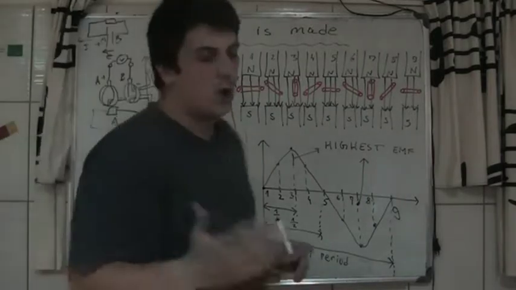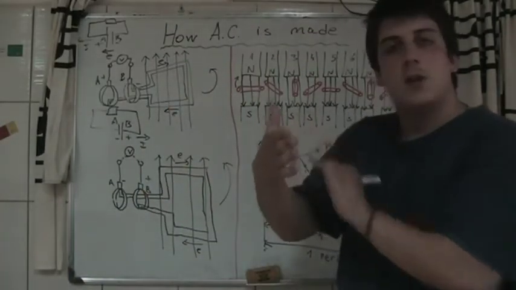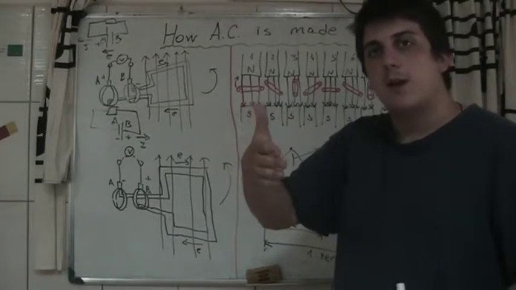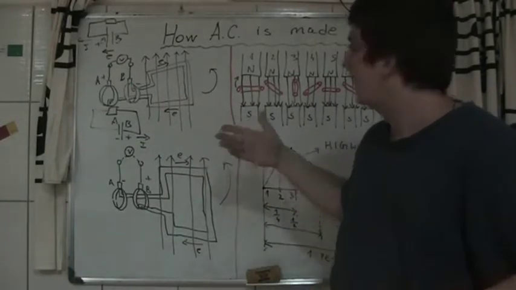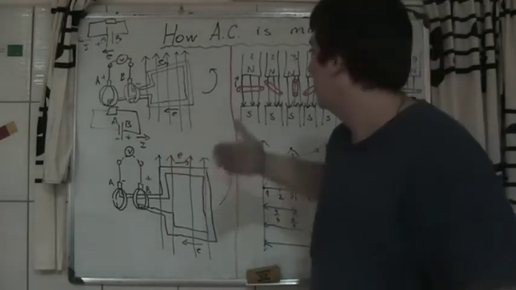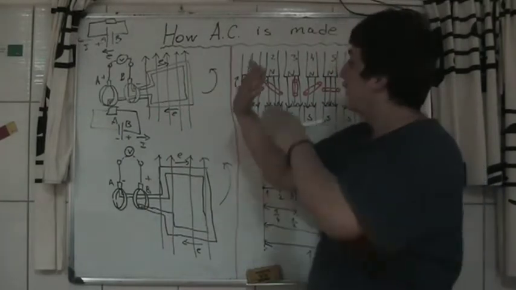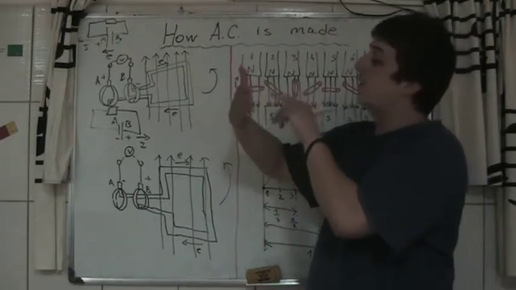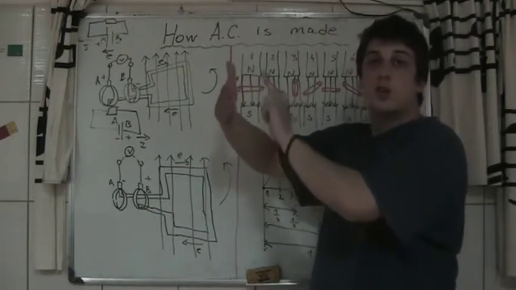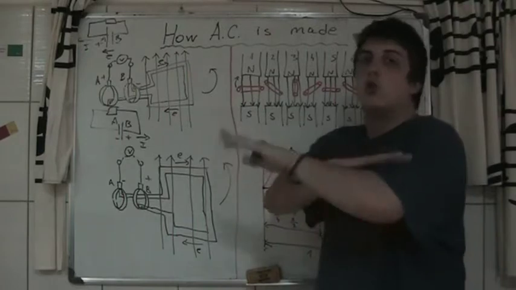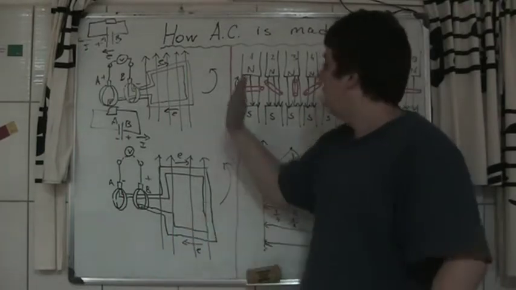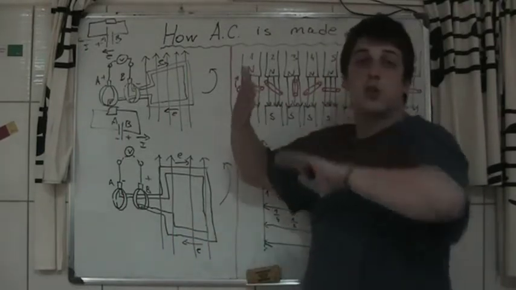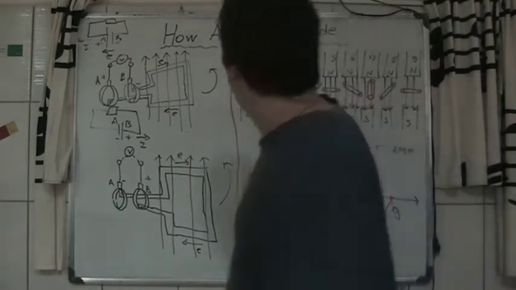The thumb shows you the direction of the movement of the conductor. It goes up, but as you can see, none of these magnetic induction lines go into the palm of the hand. So you don't get any EMF induced in this conductor at this position.